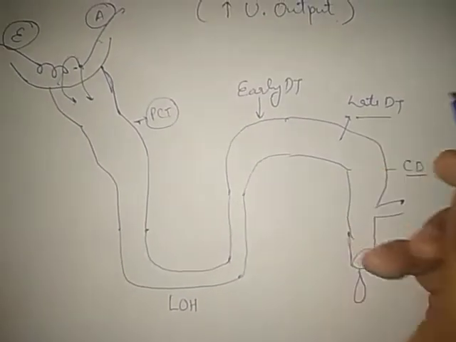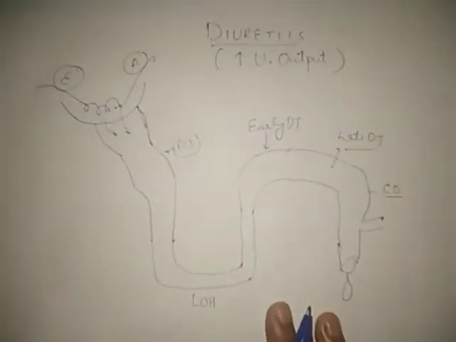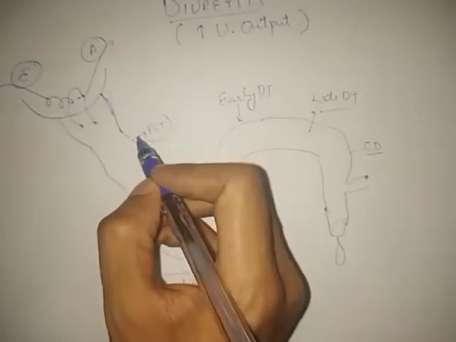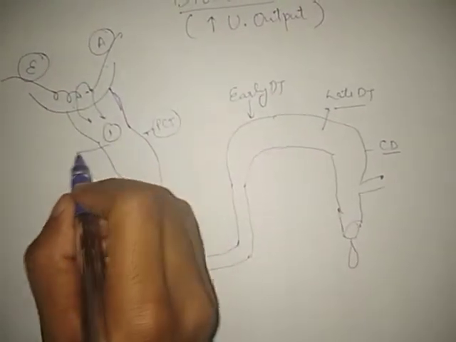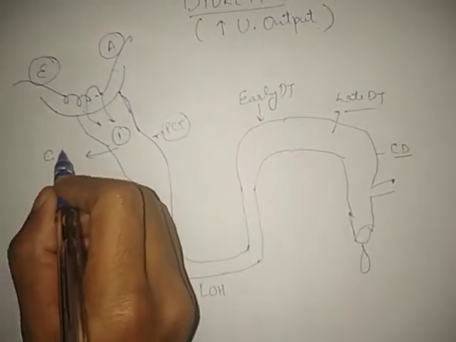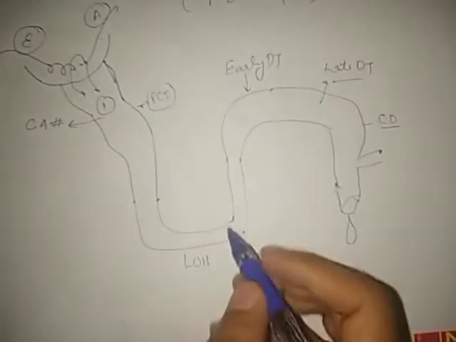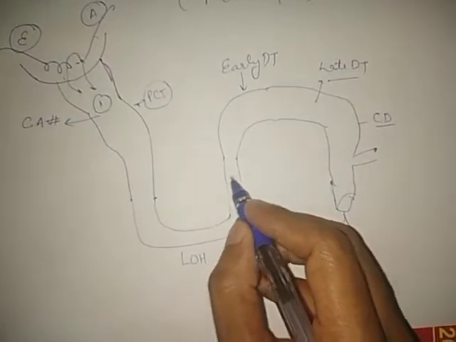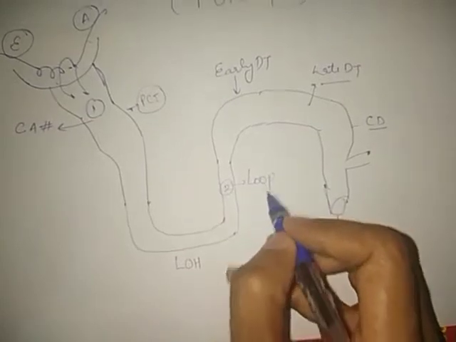Okay. So basically the diuretic group of drugs are working here. This is the first site, and here the drugs which are working are the carbonic anhydrase inhibitors. This is the second site, and here the drugs which are working are called the loop diuretics.